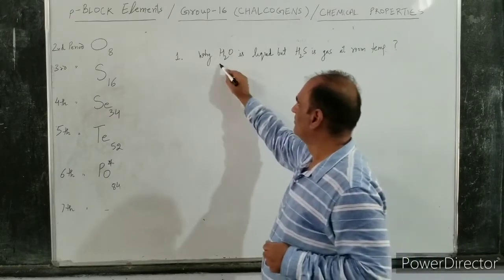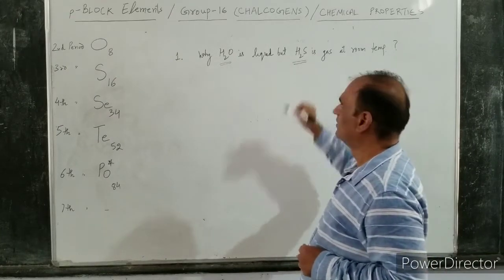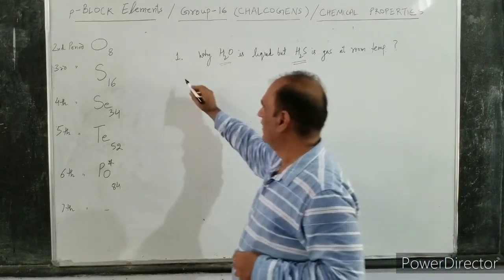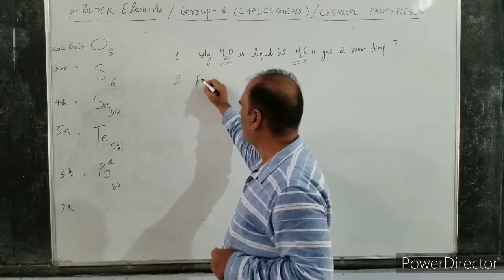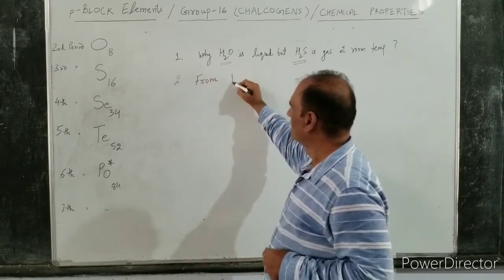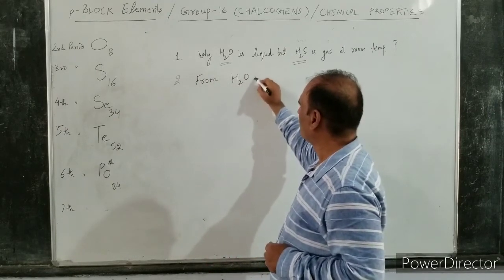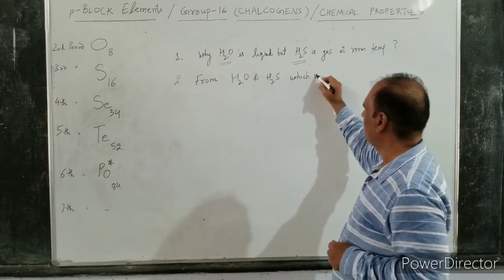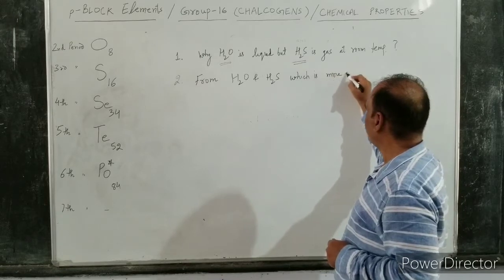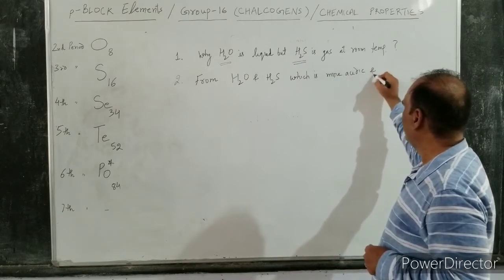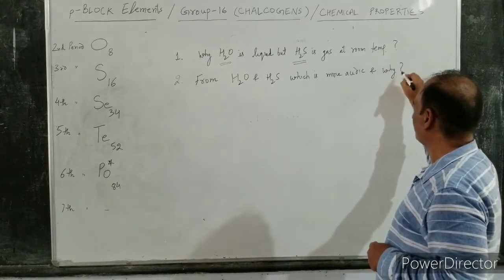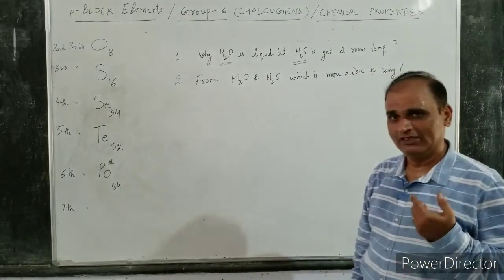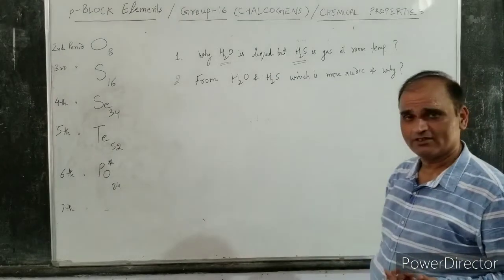Can you answer? It will be having H bonds, you know. Then from H2O and H2S, which is more acidic and why? Right now we have studied their bonding properties. You can compare the ease of losing H and you can answer.